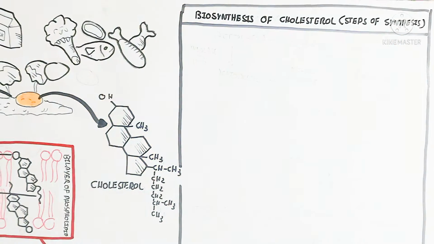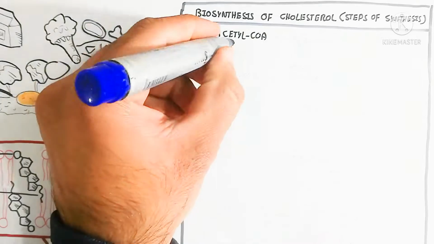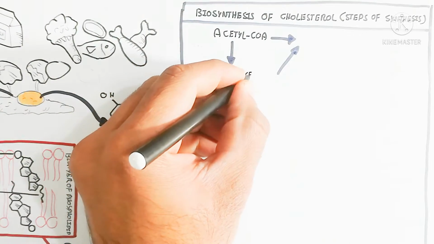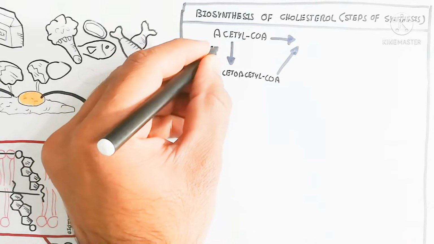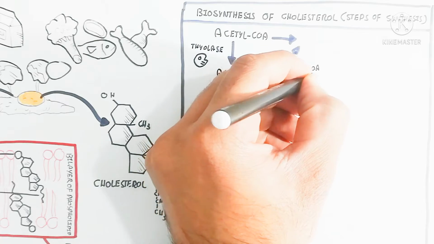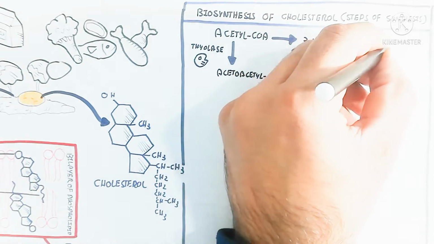We will discuss the steps of synthesis here. Acetyl CoA will be converted into 3-hydroxy-3-methylglutaryl CoA, known as HMG CoA, in the presence of the HMG CoA synthase enzyme.